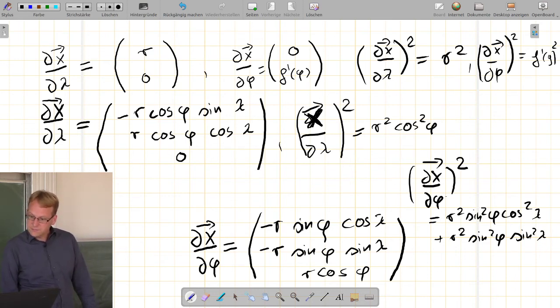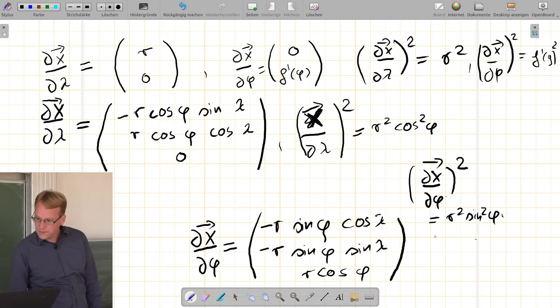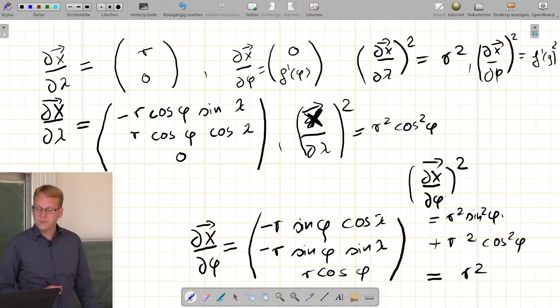Well, that is again the same as r squared sine squared phi. That is what we can see here. And now we need to add the third term here, plus r squared cosine squared phi, and that is now exactly equal to r squared. So here we have our 4 terms that we need.